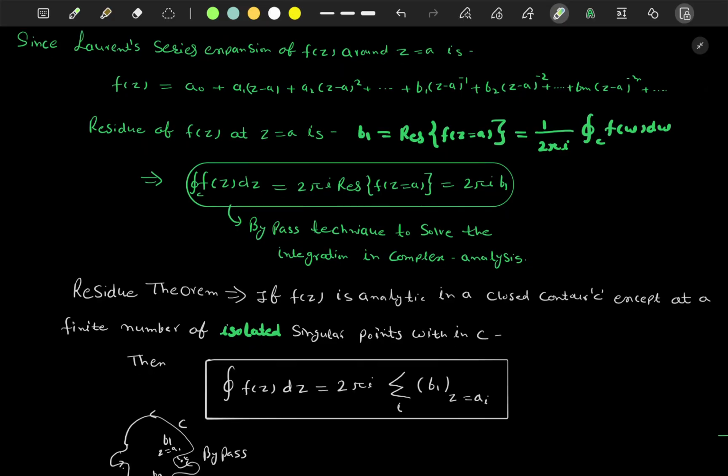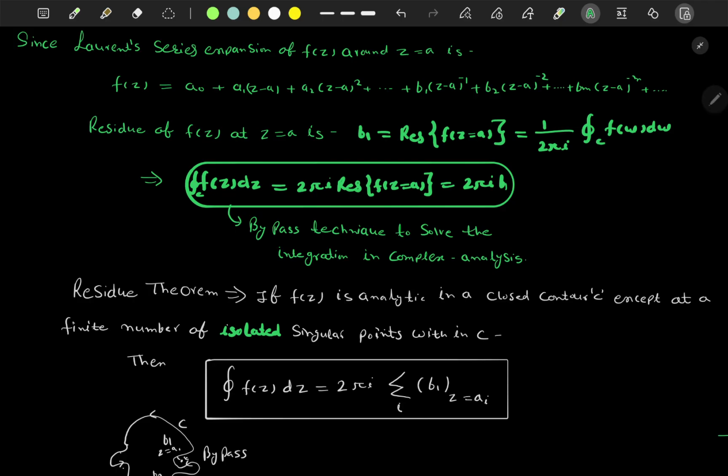With the help of this we can calculate the complex integration. This is its usability, that's why it is very useful. So the complex integration of any function will be equal to 2 pi iota times the residue of the function about that point, which is 2 pi iota b1.